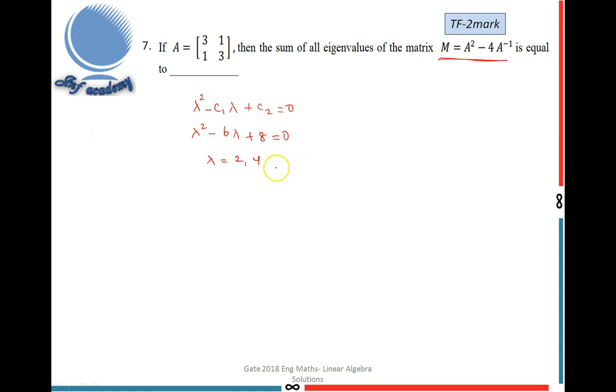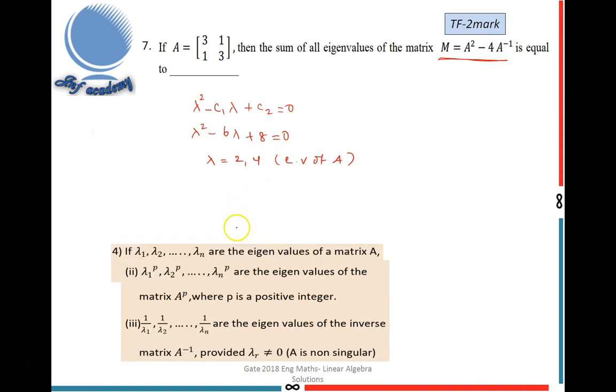Next, I find the eigenvalues of M. So, I have to find the eigenvalues of A squared and the eigenvalues of 4A inverse, and subtracting these two, we can get the eigenvalues of M. Here I use two properties: if lambda 1, lambda 2, etc., lambda n are the eigenvalues of a matrix A, then lambda 1 power p, etc., lambda n power p are the eigenvalues of matrix A power p, and 1 by lambda 1, 1 by lambda 2, etc., are the eigenvalues of the inverse matrix A inverse.